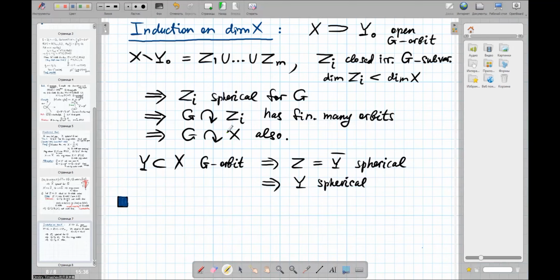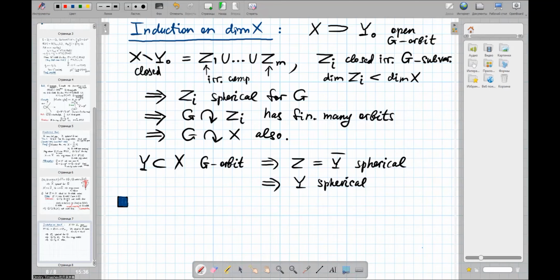Why are there only finitely many components in X minus Y0? Well, because they are just irreducible components. These Zi's are just irreducible components of this complement. This is a closed subset in X, and these are just its irreducible components. There are always finitely many irreducible components.